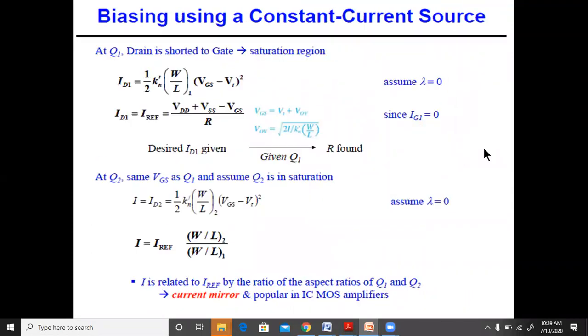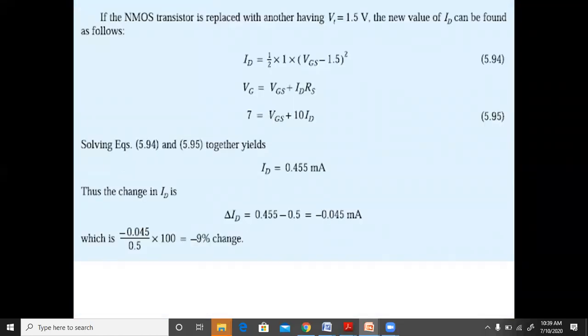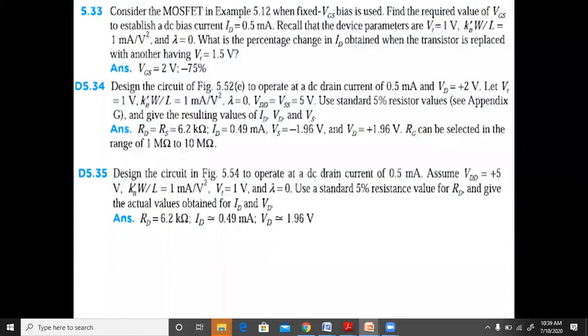When two power supplies are there, to operate at a DC drain current of 0.5 milliamperes, VD equal to 2 volts, let VT equal to 1 volt, K dash W by L equal to 1 milliampere per volt square, lambda equal to 0, VDD and VSS both are 5 volts. Use standard 5% resistor values, see appendix G, and give the resulting values of ID and VD and VS.